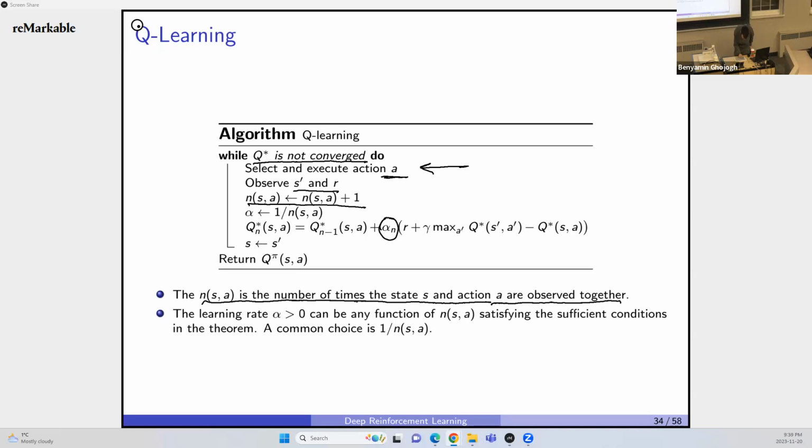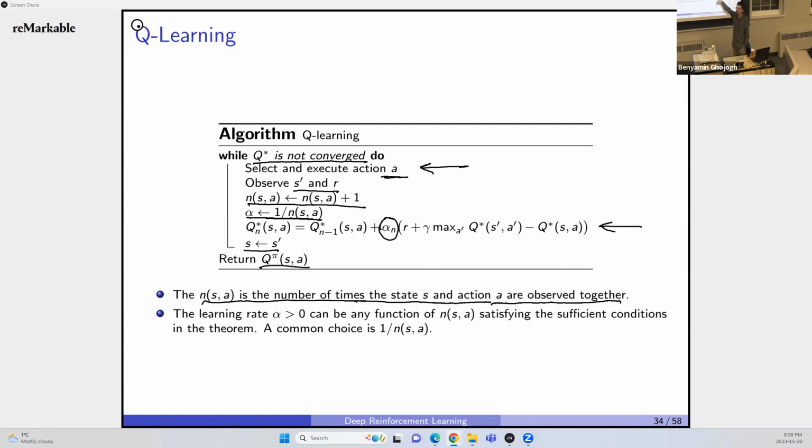So I'm using this or any function which satisfies those two sufficient conditions for alpha_n. And then I use the temporal difference, and then I go to my next state until convergence of Q. Then I return my Q.